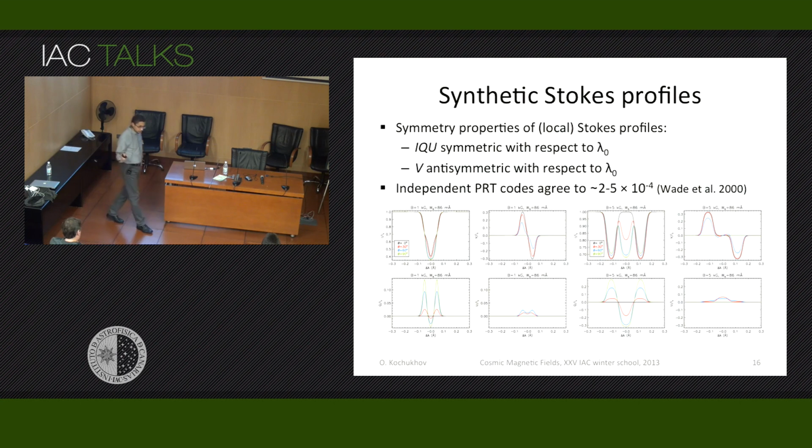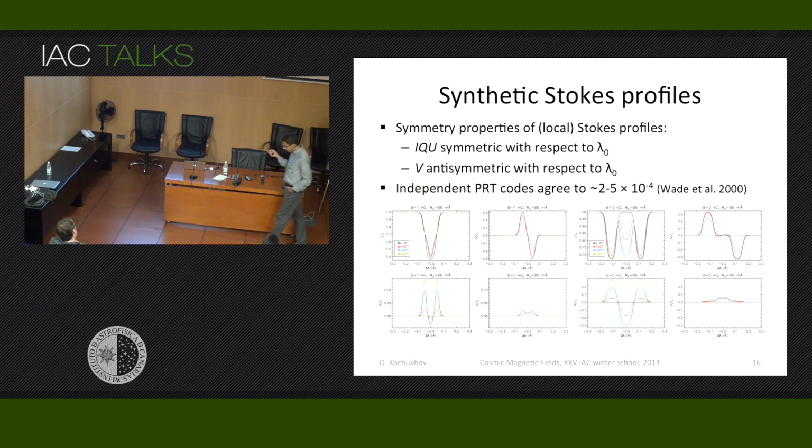One important aspect that I think is especially important in solar physics is that Stokes parameters have certain symmetry properties. In particular, I, Q and U are symmetric with respect to central wavelength, and you can clearly see this in these plots, and V is always antisymmetric.